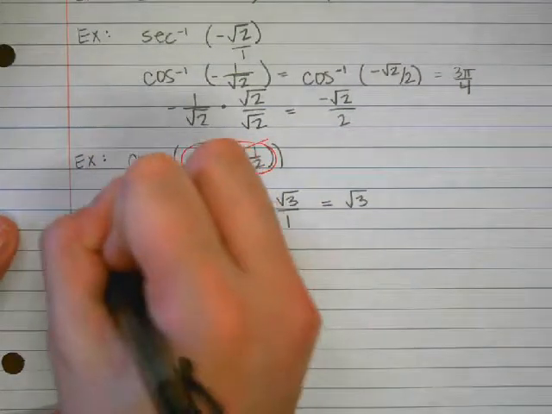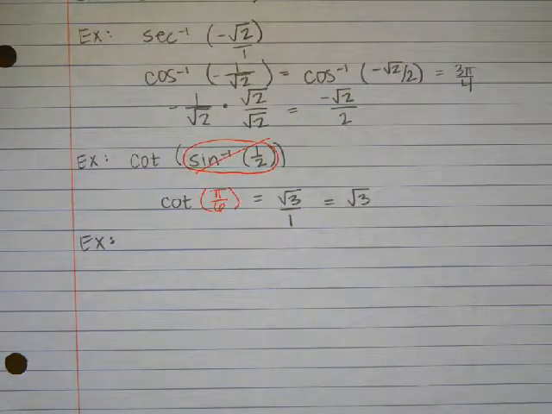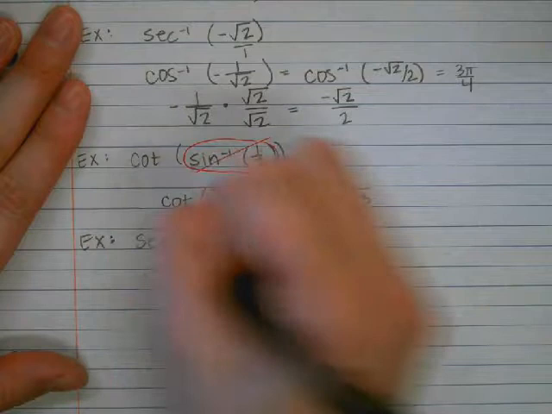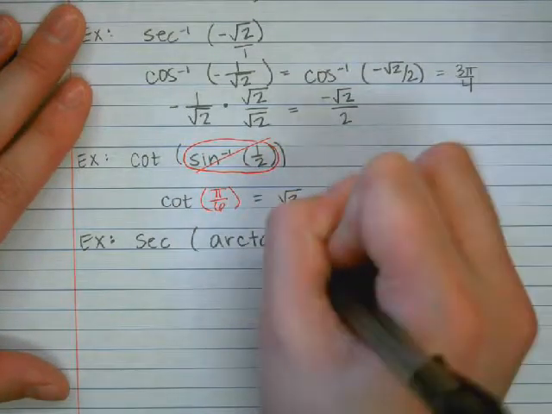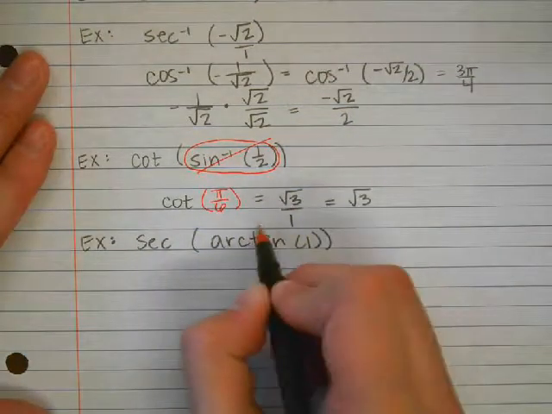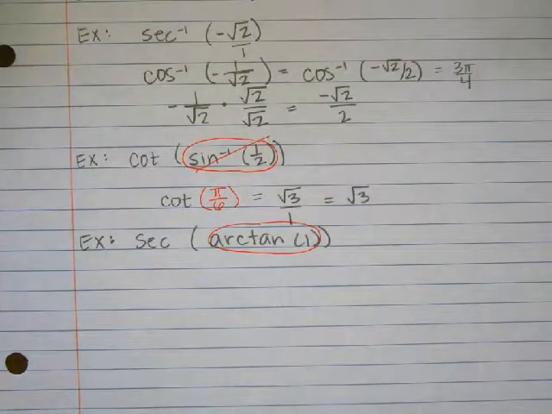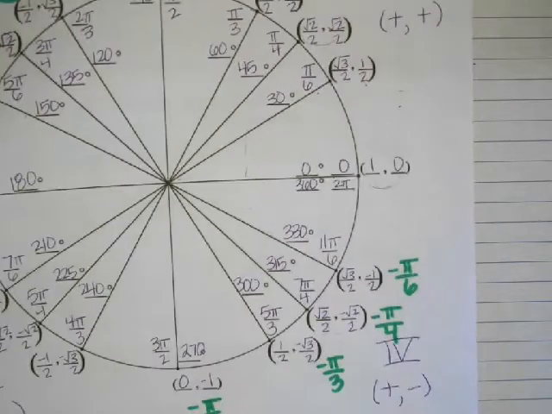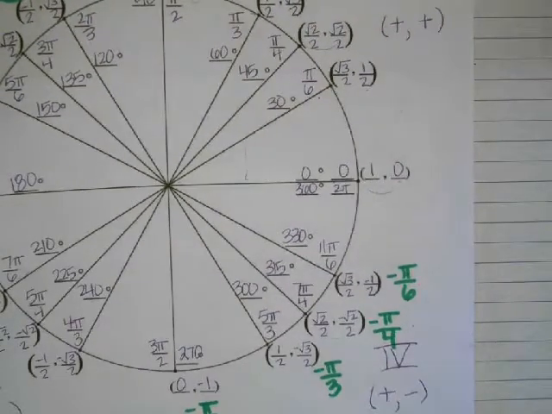All right, and we've got one last example to finish out the video. I'm going to do secant of arc tan of 1. So again, we're going to work from the inside out. So arc tan of 1, looking in quadrants 1 and 4, and I'm looking for where my y-coordinate and my x-coordinate are the same, so that when you divide y over x, you get 1.